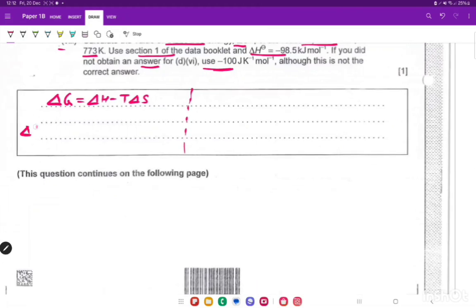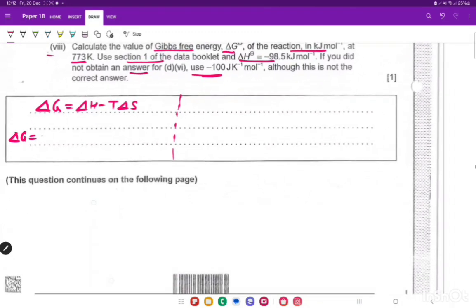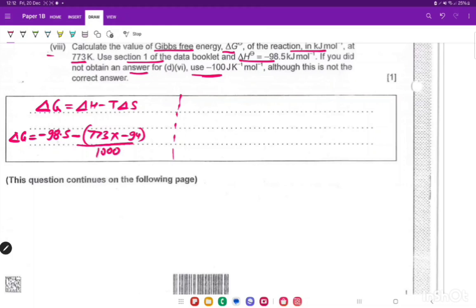Delta G equals delta H, given as minus 98.5, minus temperature 773 into delta S, which was minus 94 divided by 1000. Why? Because delta H is in kilojoule and this is in joule, so we divide it by 1000.